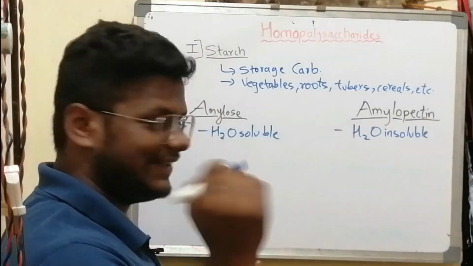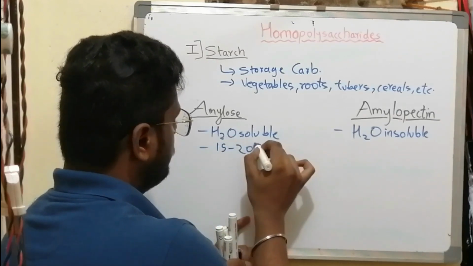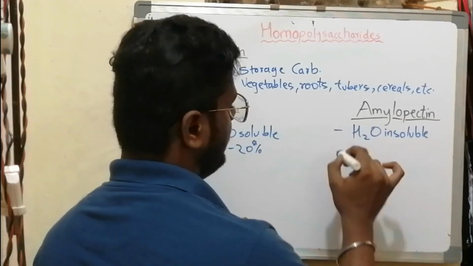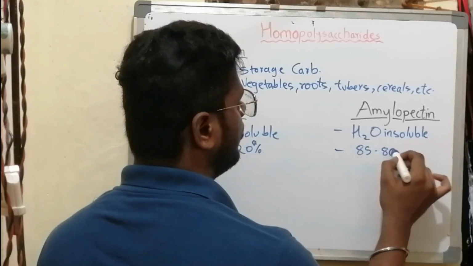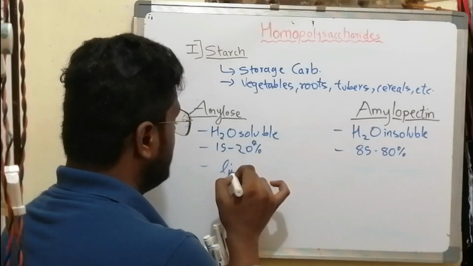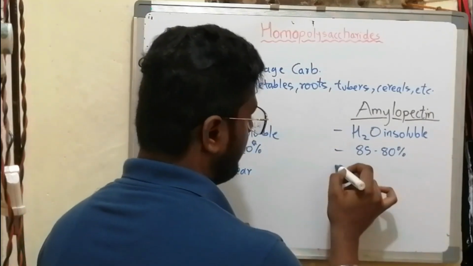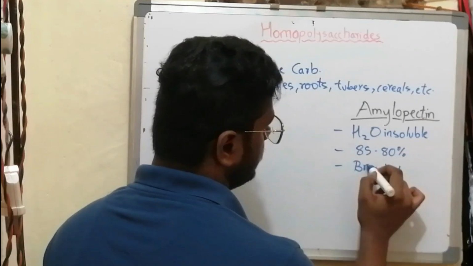Amylose exists as 15 to 20% on Earth, whereas amylopectin exists as 85 to 80% on Earth. And most importantly, amylose is a linear chain starch, whereas amylopectin is branched in between.